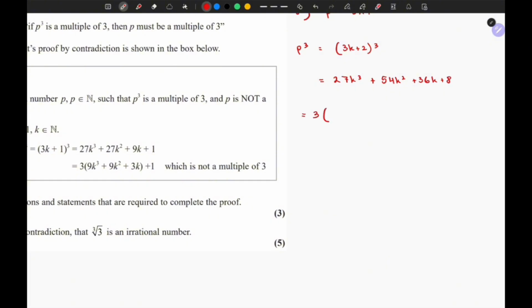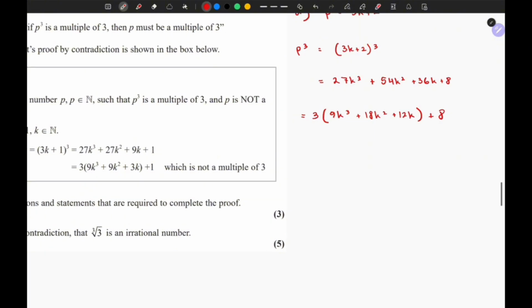Now let's take 3 common and contradict this with the assumption. If we take 3 common, we divide 27k cubed by 3, which gives us 9k cubed, and dividing this gives us 18k squared, and dividing this gives us 12k. Now you cannot divide 8 by 3, so you can leave the 8 at the side.